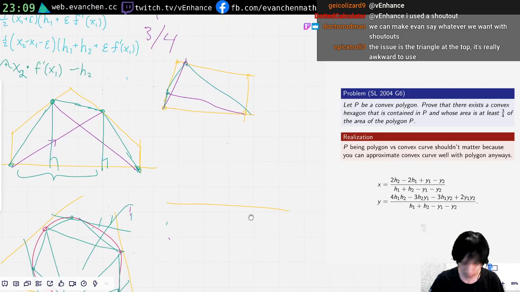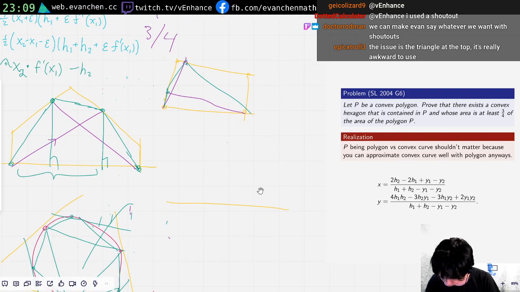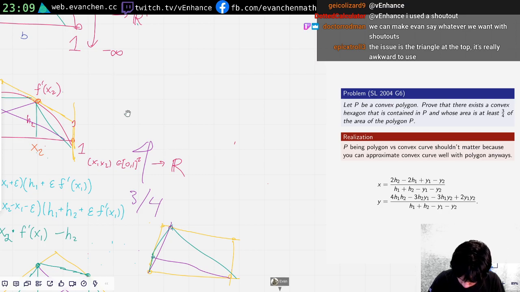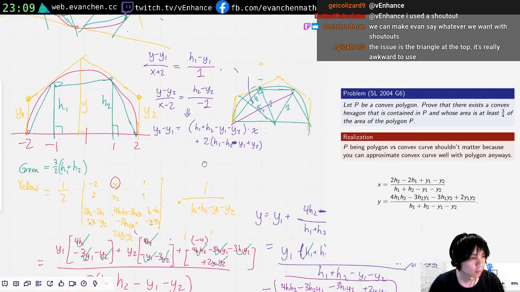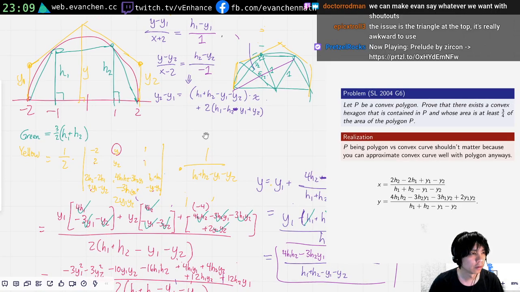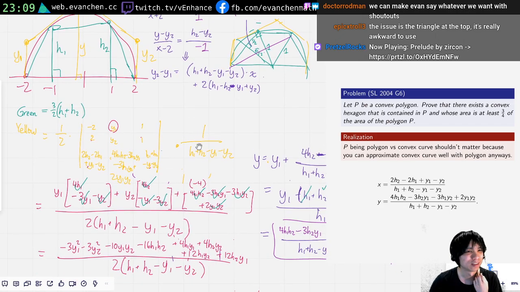Where did the equality case go? All the way up here. I actually want to move that down. In the equality case, y1 and y2 are equal to some. Oh, they're like, ew. That's like some root 3 stuff.